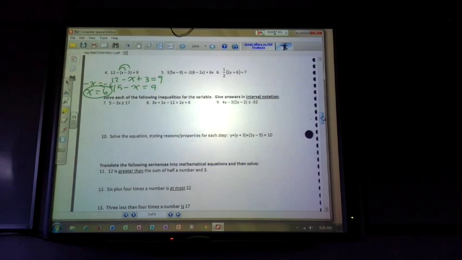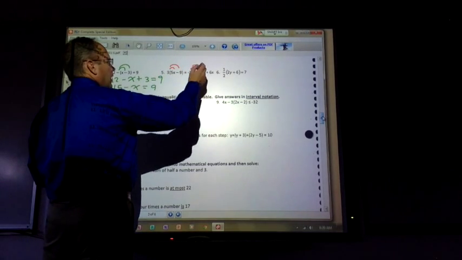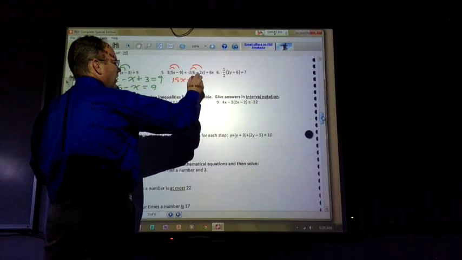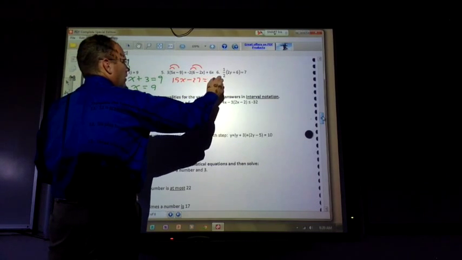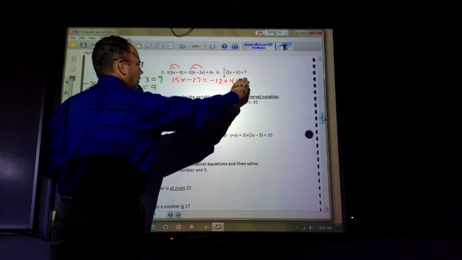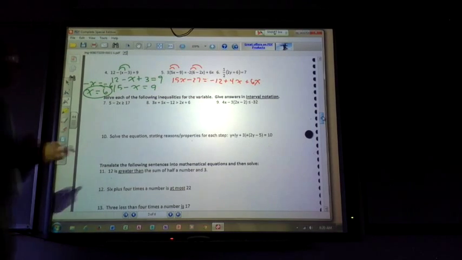Number 5, kind of a few parentheses. So distribute here and distribute here. That's going to give me 15x minus 27 equals negative 12 plus 4x plus that 6x. Is that okay? Combine like terms.